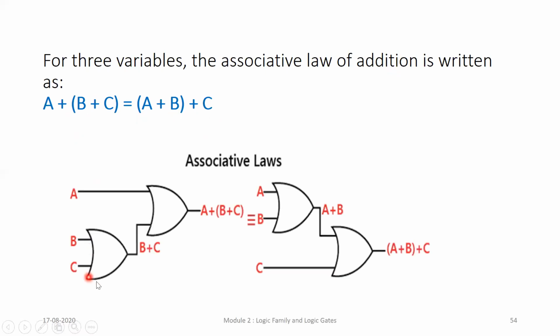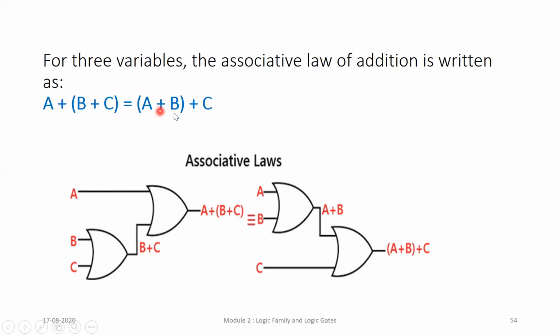So here you can see, draw it nicely, symbol and all. So BC, you have over here the sum as B plus C, and that becomes my input to the next OR gate, and I give another input as A. So this is A plus B plus C.